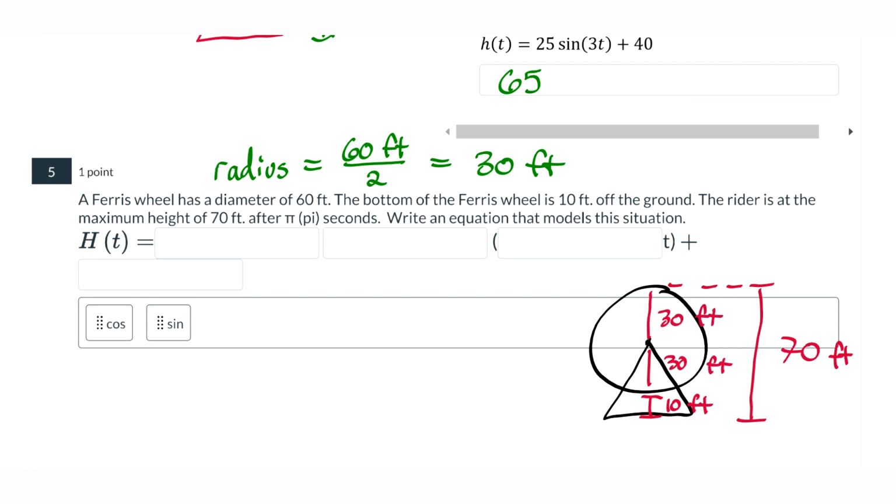So first off, just using my diagram, I can already speak to the center height. The center height would be the distance from here in my little green writing. At the center, you're 10 feet from the bottom plus 30 feet radius, so this would be 40 feet. So from the modeling questions before, that would be our plus c value, which would be here.